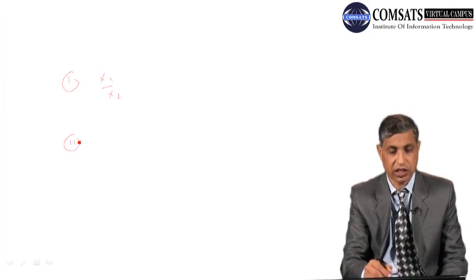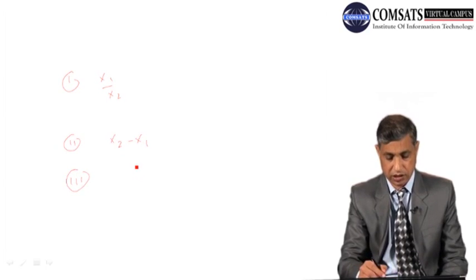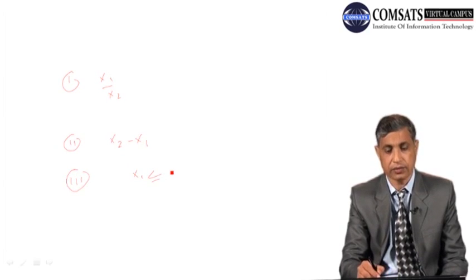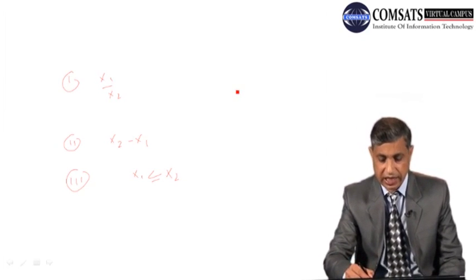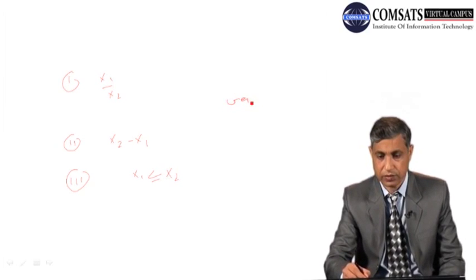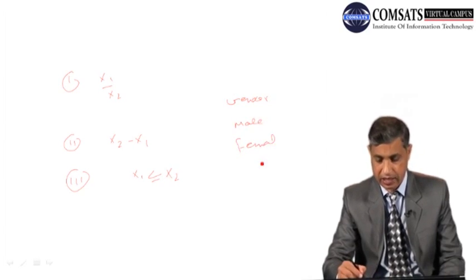The second, their difference is meaningless. And the third one is that they cannot be ranked. For example, if I take gender, male, female, and I say single and divorced.